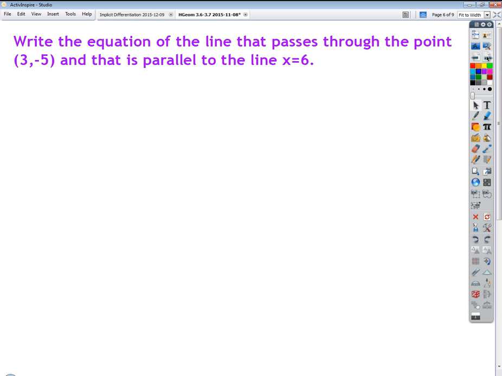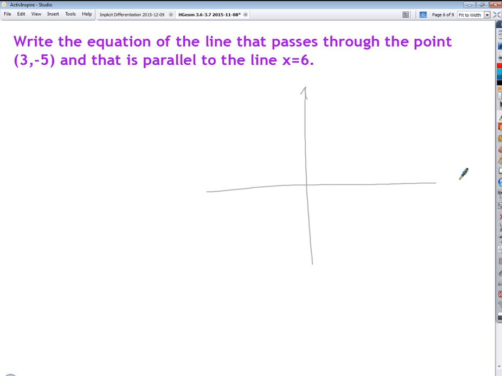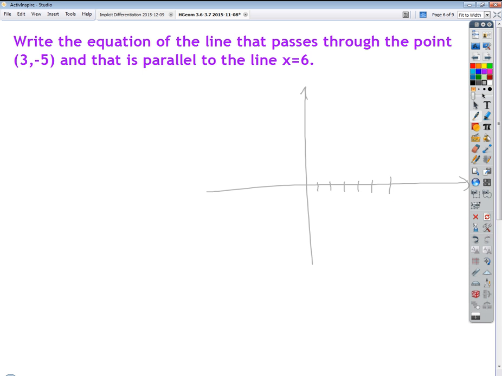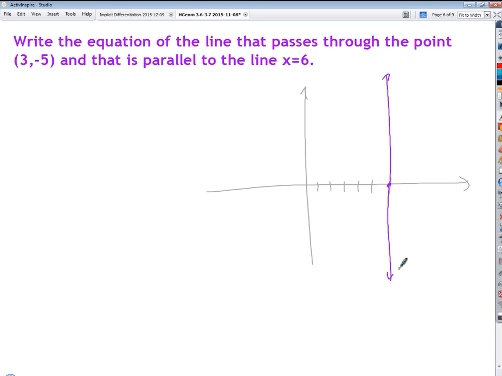Straight up and down. So if I were to graph this line, it just looks like this, doesn't it? Okay, let's talk about this a little bit. This is fun stuff to talk about. The line x equals 6.